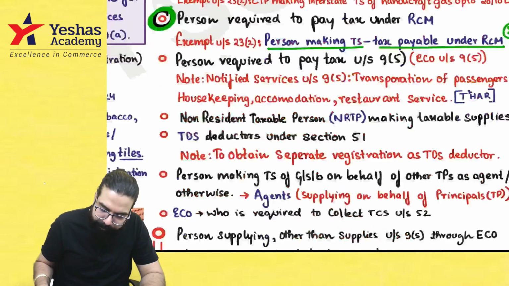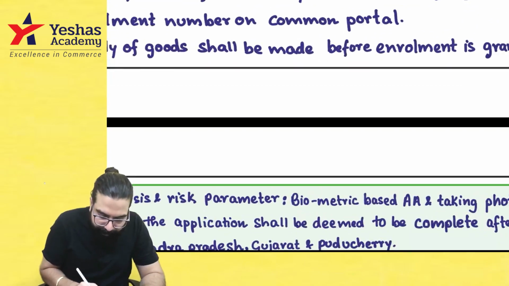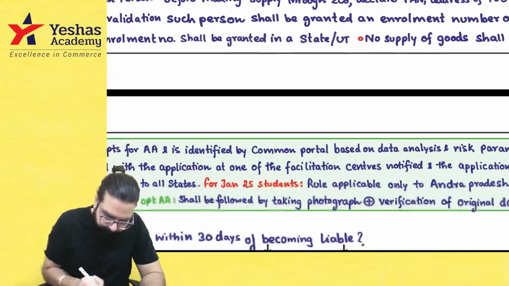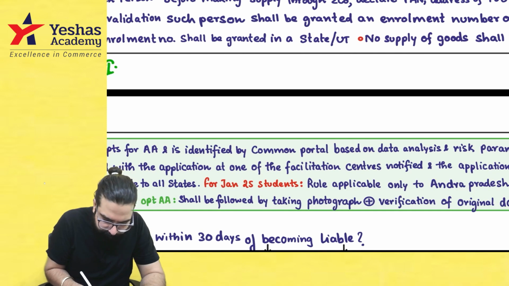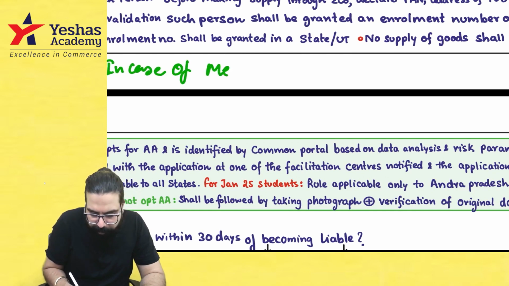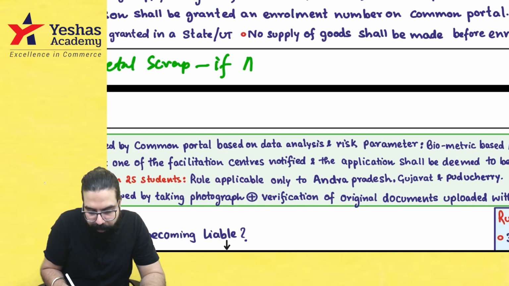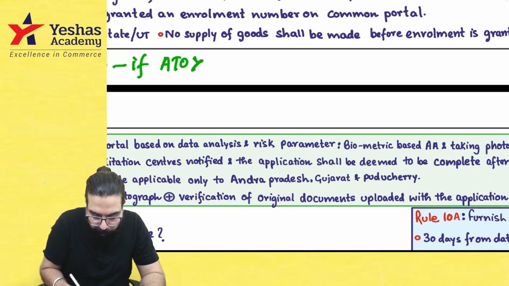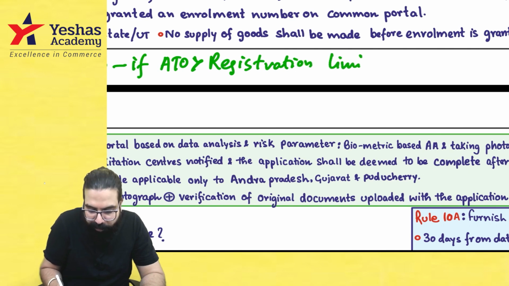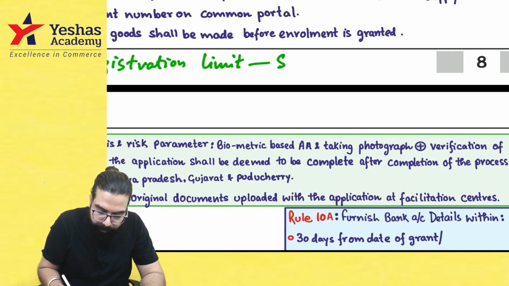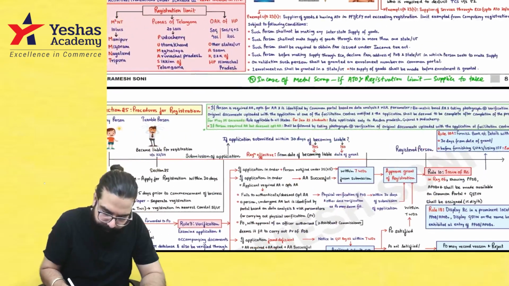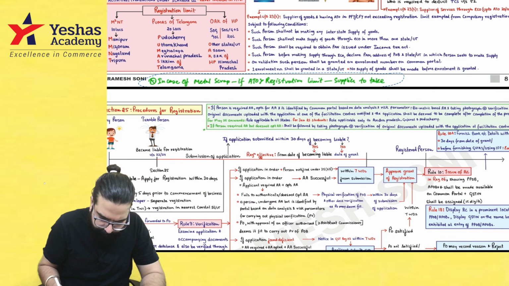Here you have to remember one thing, in the case of metal scrap, if aggregate turnover is more than the registration limit, which is 40, 20 or 10, the supplier has to take registration.